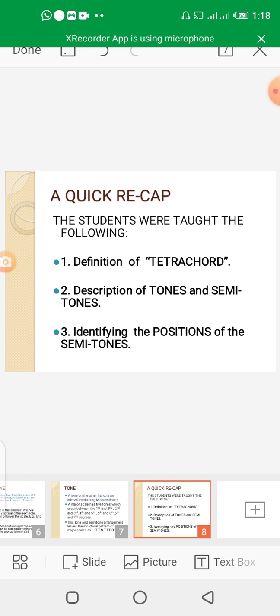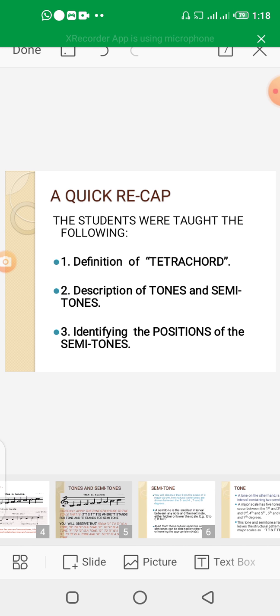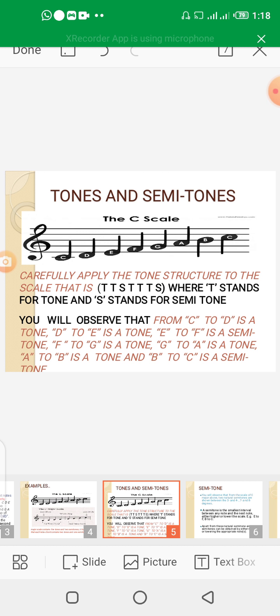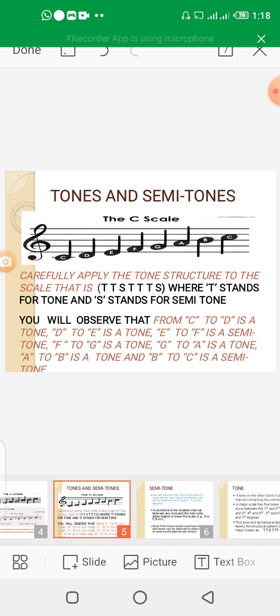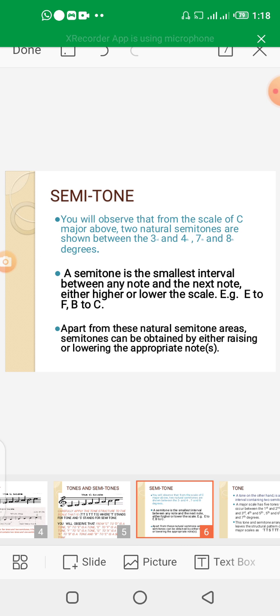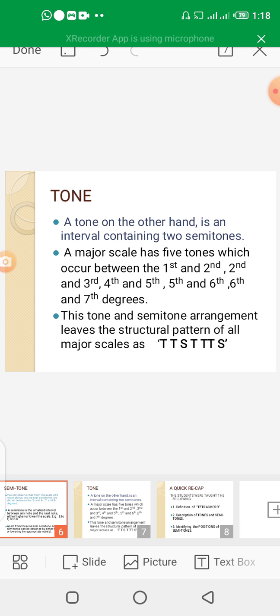We were also taught the description of tones and semitones, where you can find the tones and where you can find the semitones, and the definition of semitones and tones.